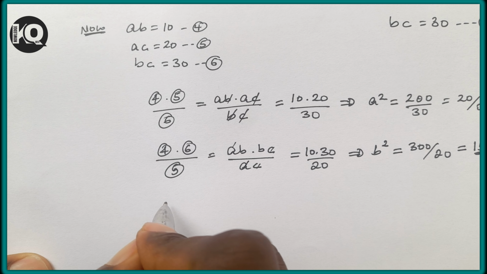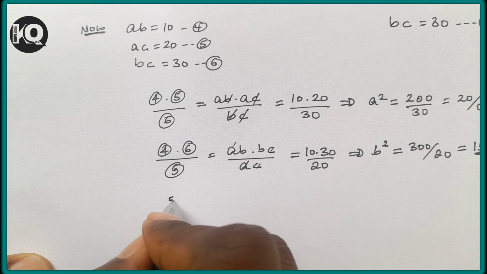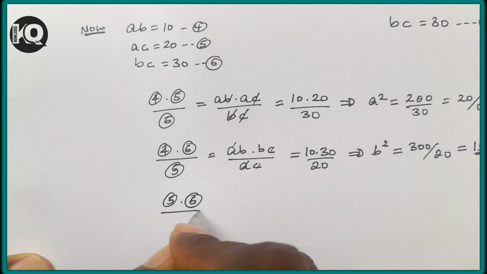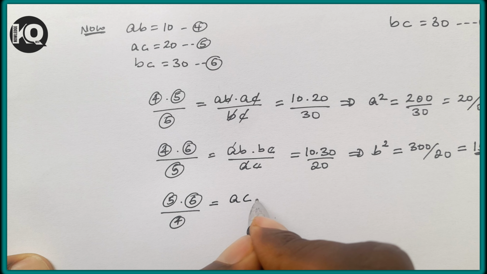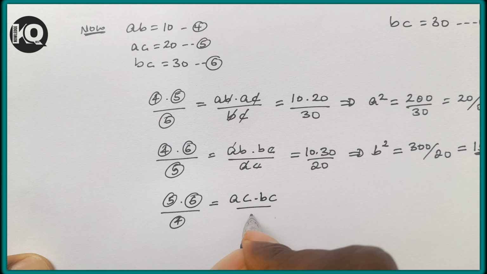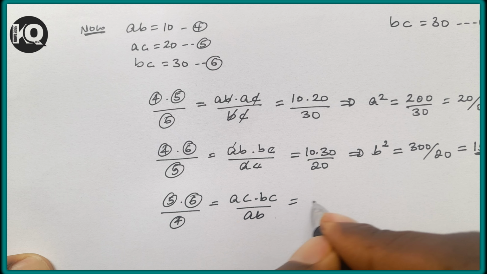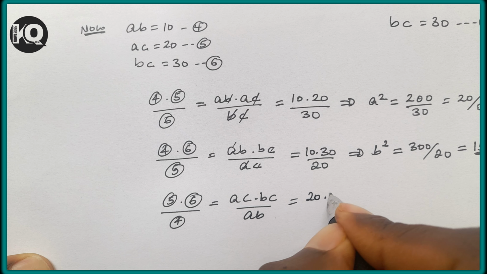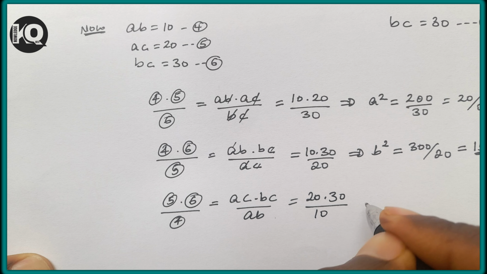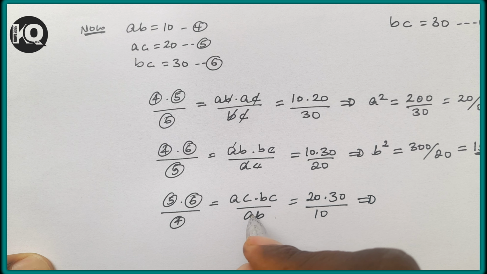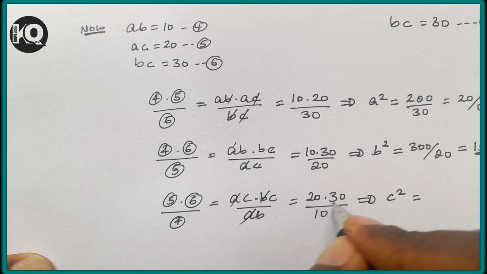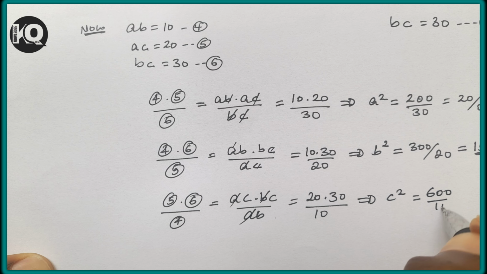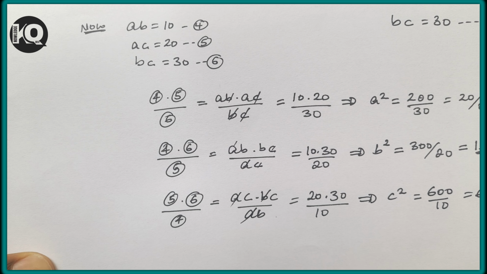And then let's multiply equation 5 and equation 6 and divide by equation 4. That is ac times bc divided by ab, which is 20 times 30 divided by 10. Here a is cancelled and b is also cancelled, so c times c is c square, equal to 600 divided by 10, which is 60.